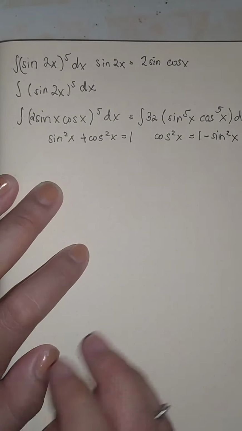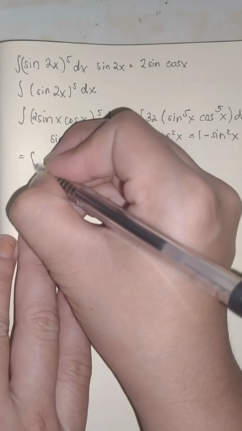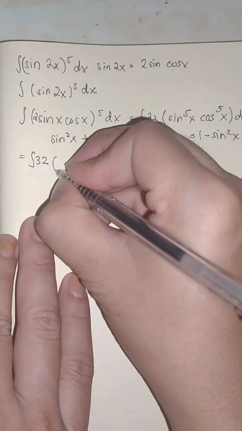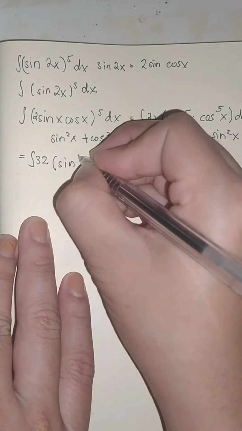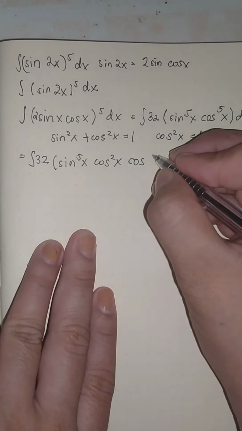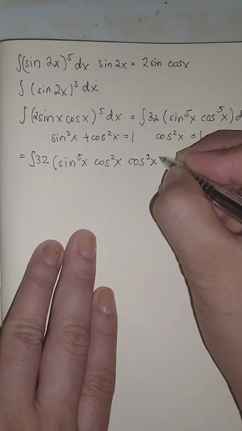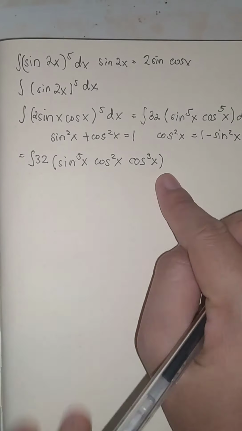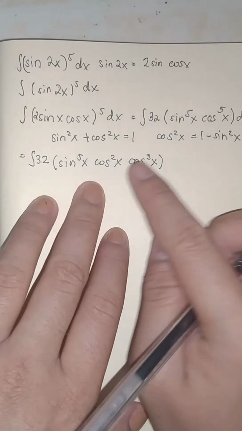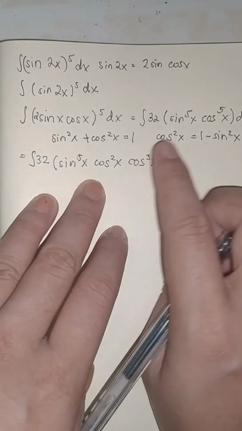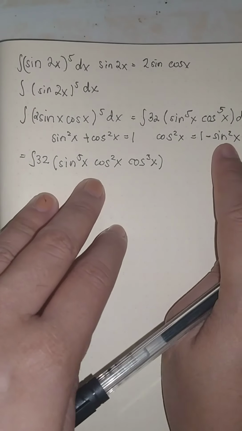So what we have to do here is simply 32 sine raised to 5 x, cosine squared x, and then cosine cube x. You see? We can substitute cosine squared x with this one.